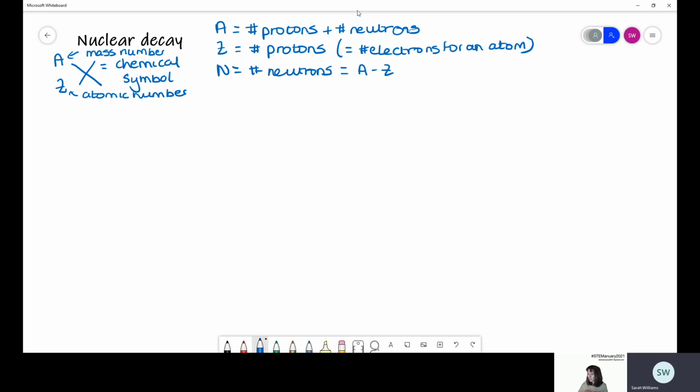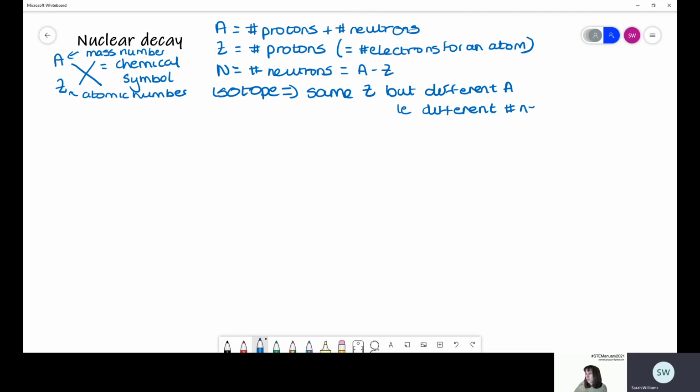So an isotope of an element has the same Z, but a different A, i.e. a different number of neutrons in the nucleus.